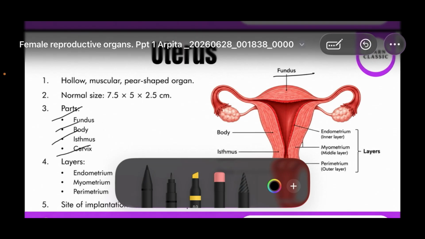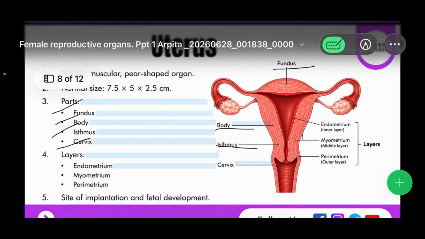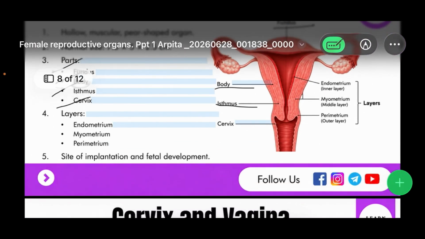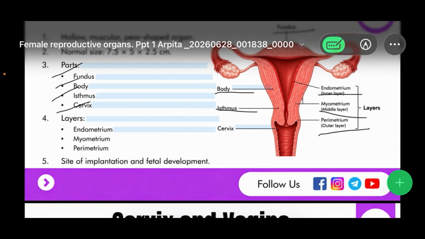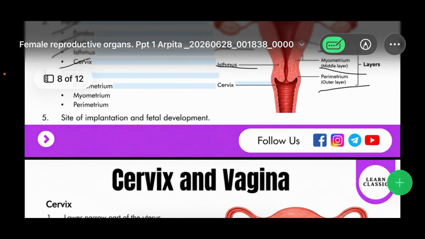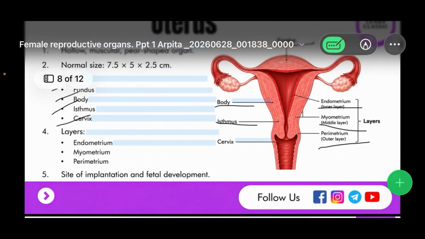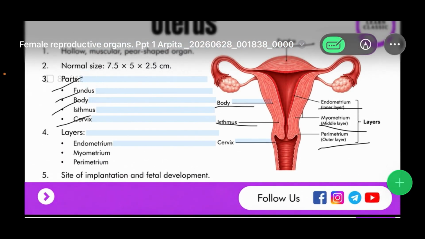Fundus is the top part, then body, isthmus, and in the lower part is the cervix. Now the layers are the endometrium, myometrium and perimetrium. Endometrium is the innermost layer, myometrium is the middle layer and perimetrium is the outer layer. So the site of implantation and fetal development: implantation occurs in the endometrial layer.